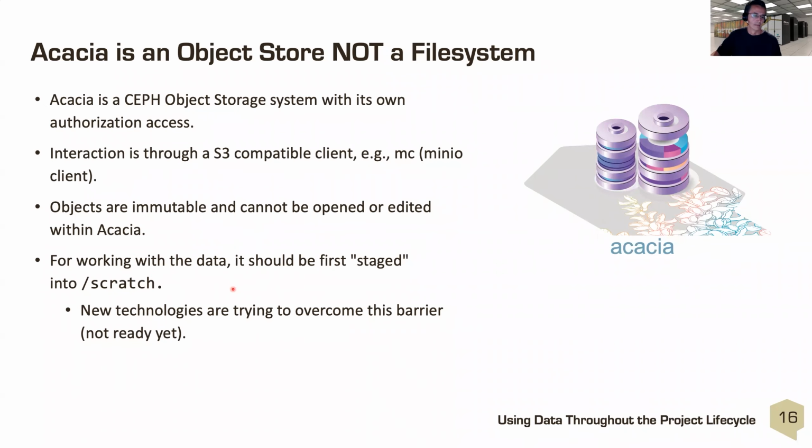Obviously, this is for many users not a desirable step to all the time be staging your data into Scratch for using it. So there are technologies trying to overcome this, but not ready yet. And at this initial stage of Setonix, this is the way we are recommending to work with it, and basically the only way to work with it.